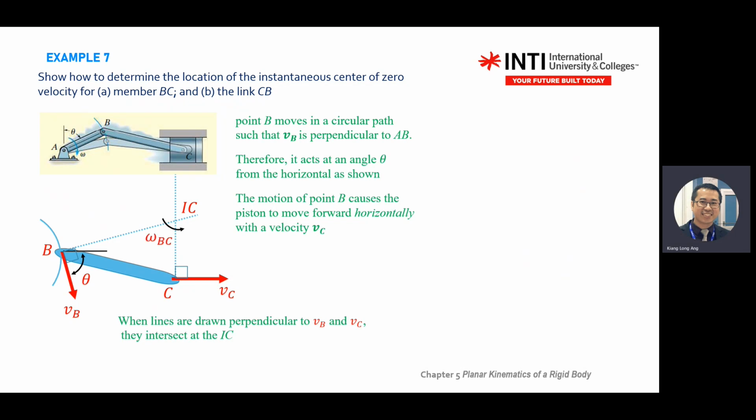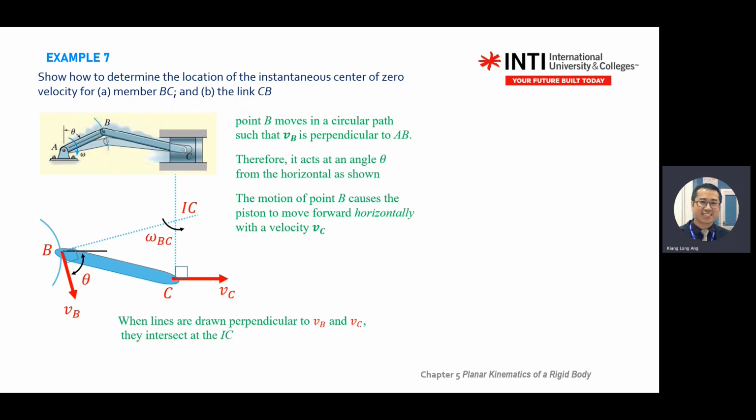If you stand at IC, you actually see this body swinging from left to right, so you have an angular velocity in the anti-clockwise direction.